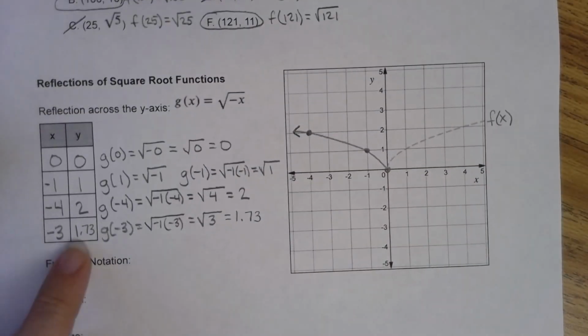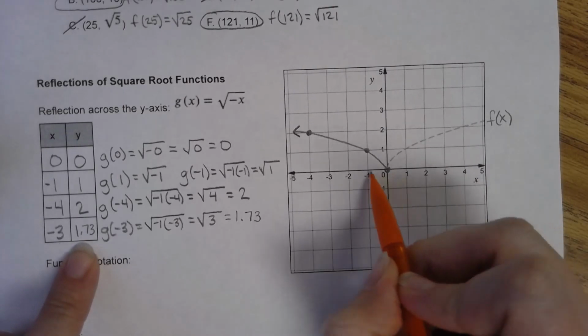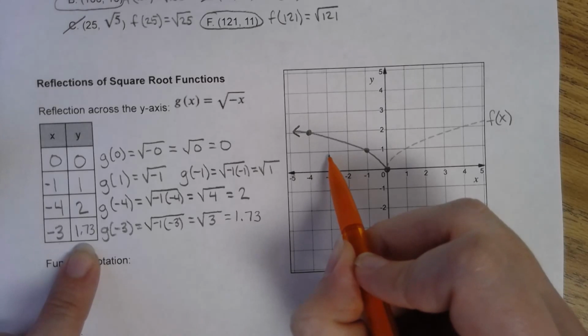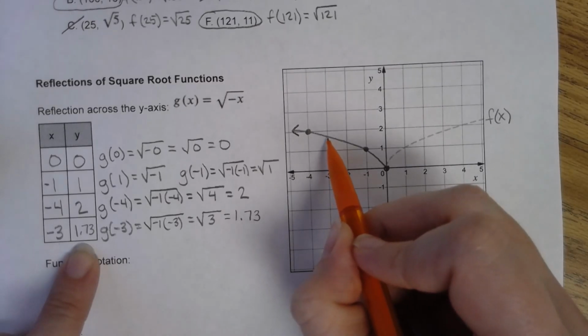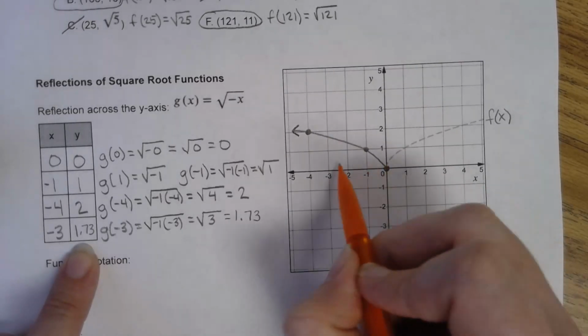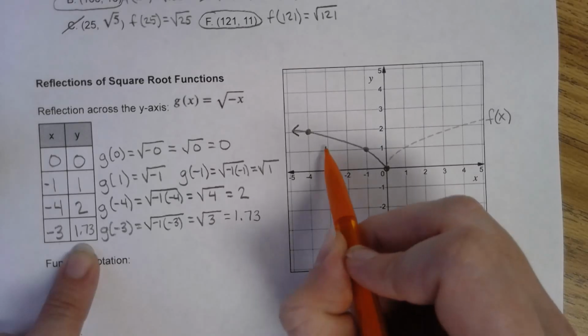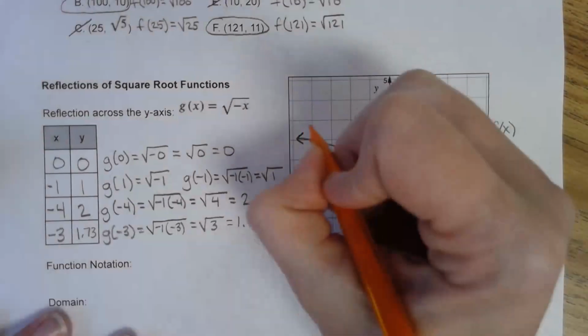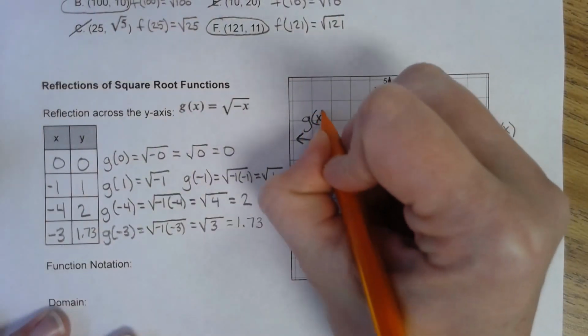Now this -3, 1.73, if you go over -3 and go up 1 and 0.73, not quite to 2, but it's reaching there, so that does make sense for -3 and 1.73. It's right there on our graph. So this is the graph of g of x.